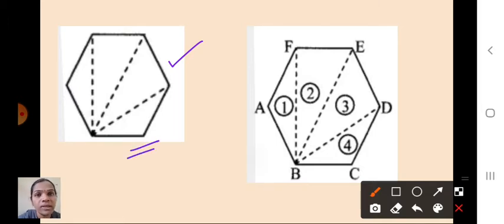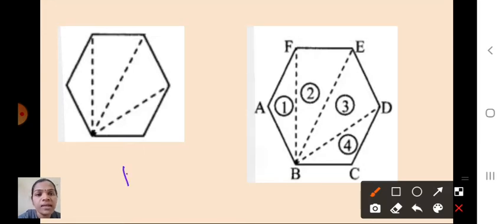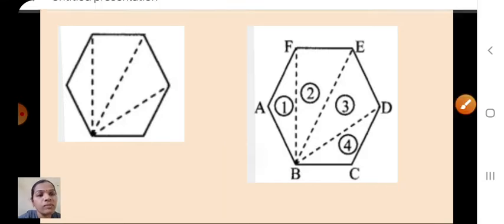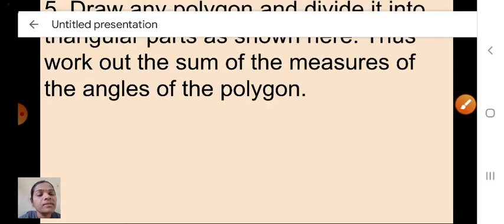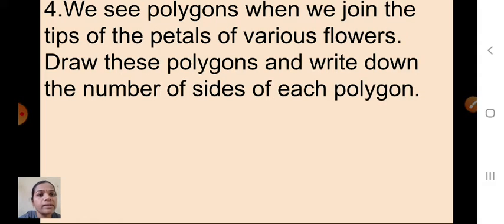How many sides are there? 1, 2, 3, 4, 5, 6. That is a hexagon. And what we have to find here is the sum of the measures of the angles, using triangles.